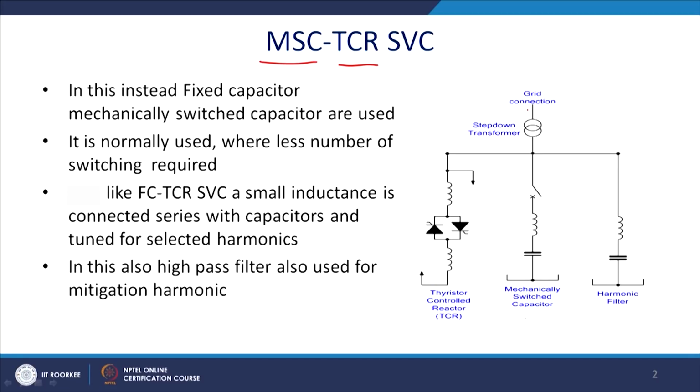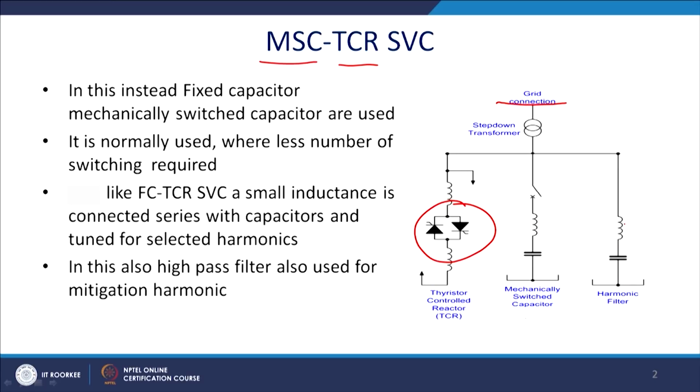Actually, this is a grid connection, and we require a step down transformer to match the rating of this TCR mostly. So, we have a TCR, and apart from that we have a mechanically switched constant capacitor, and we will have a small value of inductor, so that it will prevent the inrush current through the capacitor.